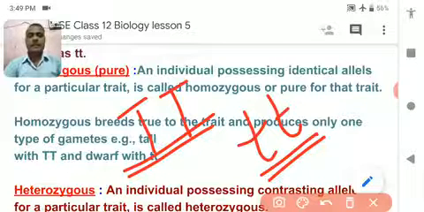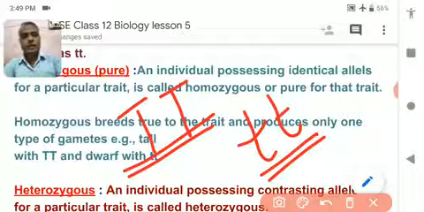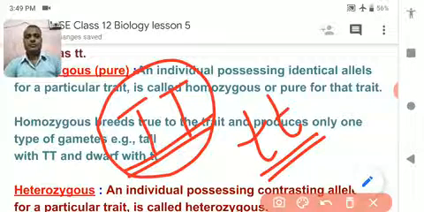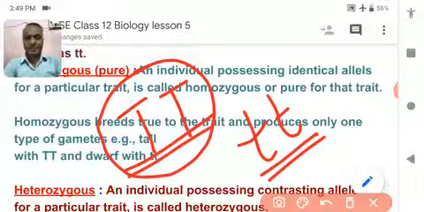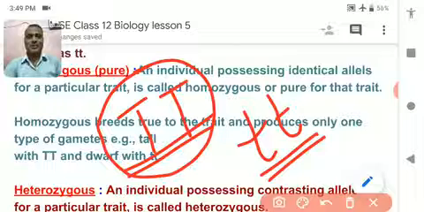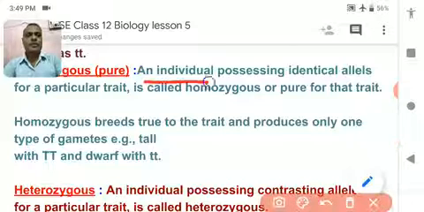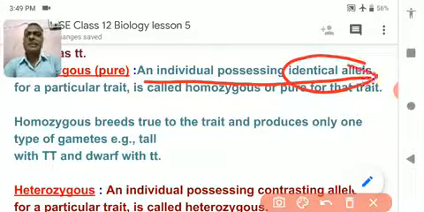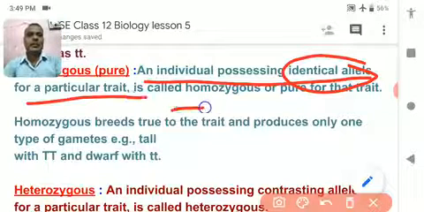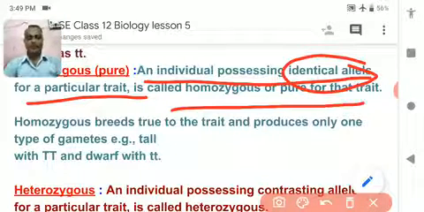So if the pair of allele is present in the same letter, either capital or small, then they are called homozygous. Understood? An individual possessing identical allele, either capital or small, for a particular trait is called homozygous or pure line.